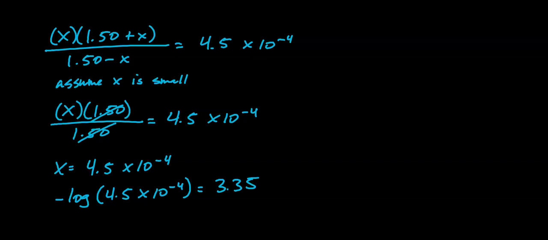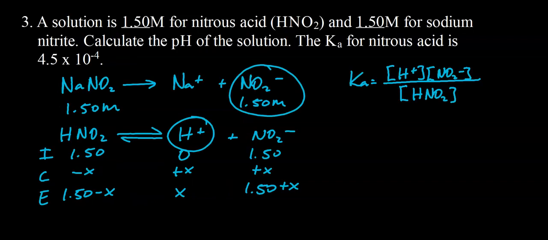What do you notice? If we go back and compare to the pH of the nitrous acid by itself, that was significantly lower, 1.5 something. And then this buffer solution has a pH that is significantly higher. Why is that? Once again, it has to do with the common ion effect. The presence of nitrite is going to do what to this equilibrium?